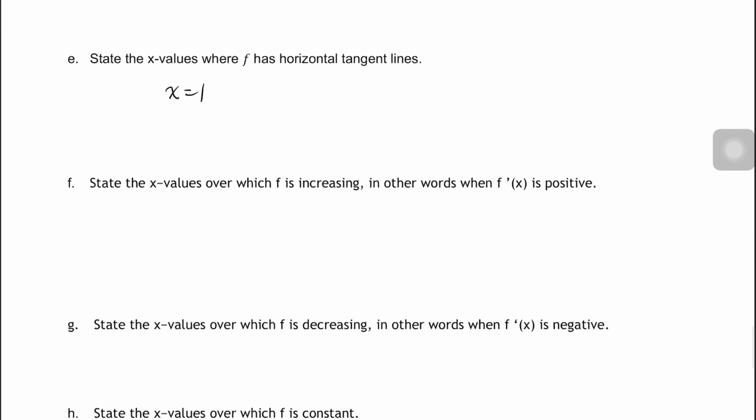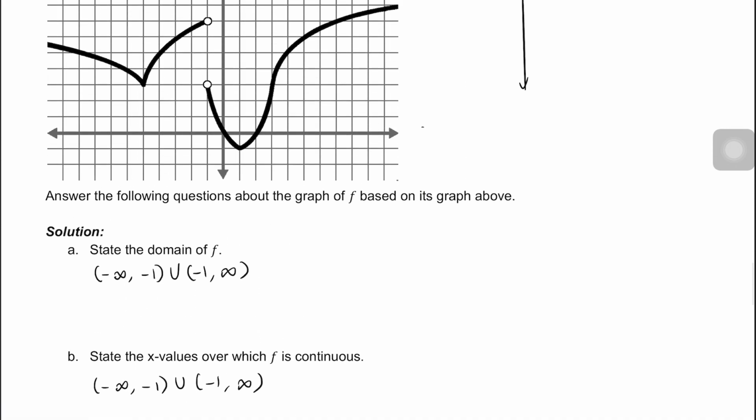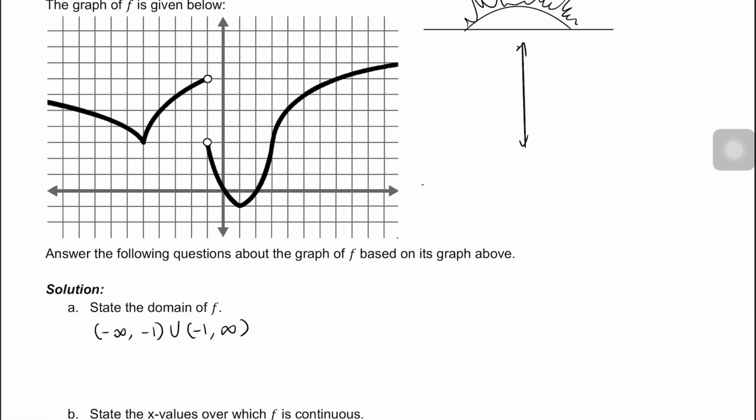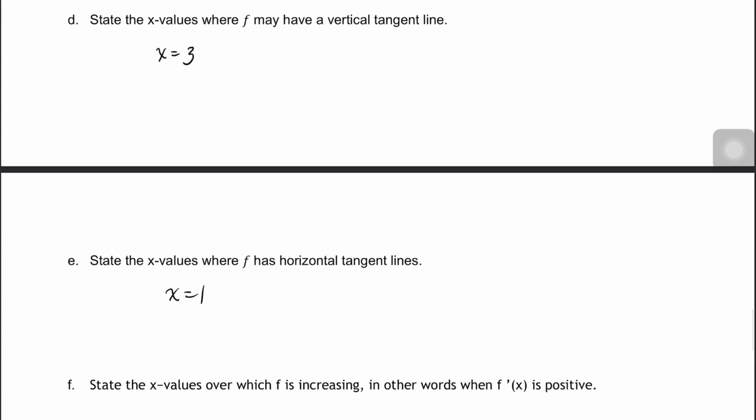And then it's asking us to determine where the function is increasing. In other words, where the derivative is positive. We can see that that's not going to happen here, because that was decreasing, but here it is increasing. So from -5 to -1, the function is increasing.